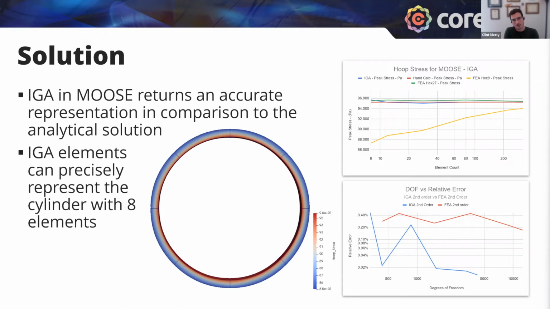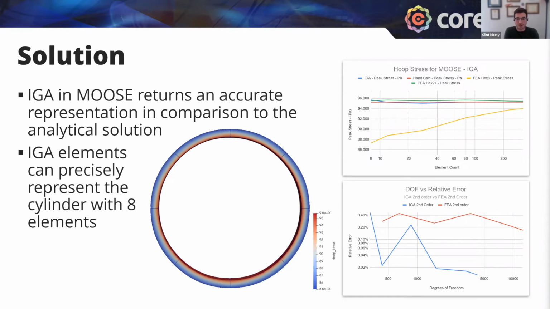Another thing to note, I had mentioned this earlier, is that one of the benefits of isogeometric analysis is that we are able to represent our geometry exactly as it is inside of the CAD definition. So this image here of a stress distribution, which is out of ParaView, is a circle, or the cylinder, that is meshed with only 8 elements around the circumference of the circle.